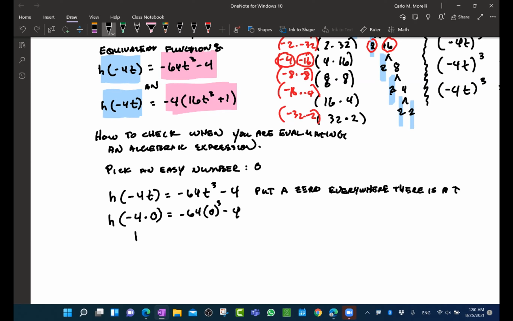So I have h of 0 equals, and then 0 cubed is 0, so 0 times negative 64 is 0. So I have 0 minus 4. So h of 0 equals negative 4. Does that make sense?